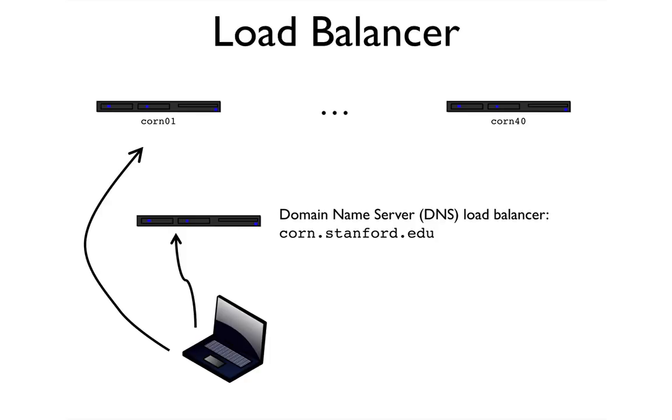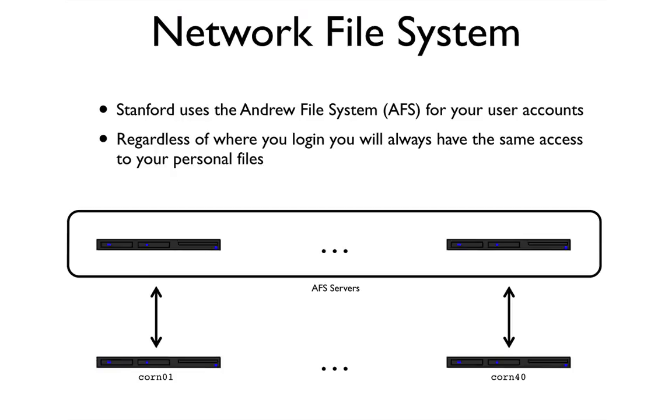Now, you may be wondering, if I log into corn27 today and create some files, and then tomorrow I log back into corn38, because that's the machine I get sent to, where are my files that I created on the other machine? Well, fortunately, all of these machines are linked together, and your files are actually on a network file system, specifically one called Andrew File System, or AFS.